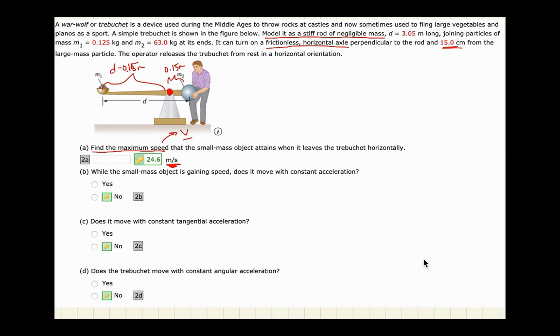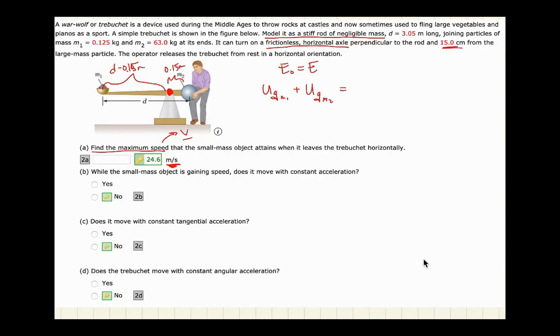What we have in this system basically is a conservative system, so the energy at the beginning is going to be equal to the energy at the end, total energy, that is. At the beginning, all of these objects have some gravitational energy. So we'd have the gravitational energy of M1 and the gravitational energy of M2.